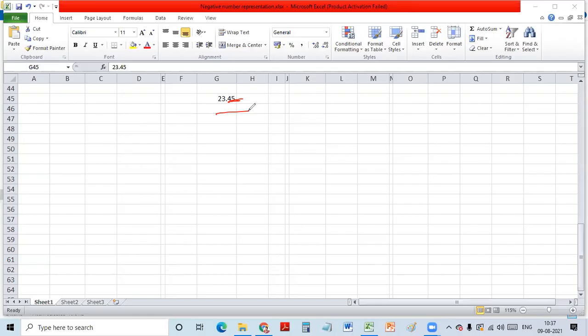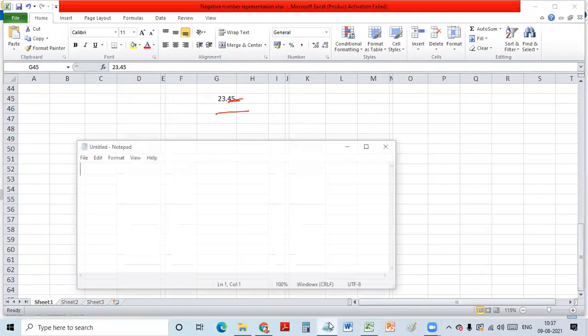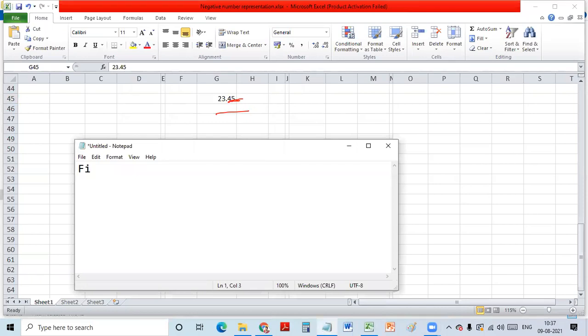To store this, we have two representations again: one is fixed point, another is floating point. The term point here refers to the decimal point present in your number.